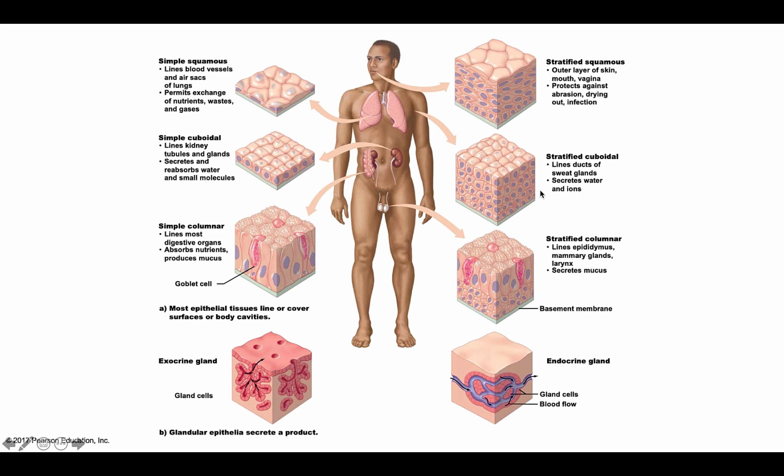And then you have stratified cuboidal, and you can see this in different sweat glands to help secrete water and ions. And then stratified columnar in mammary glands to help secrete mucus, and a modified mucus in mammary glands being milk. And then we have the exocrine gland and endocrine glands helping with secretion. And so again, there's a lot of different functions of epithelial cells based on their structure.